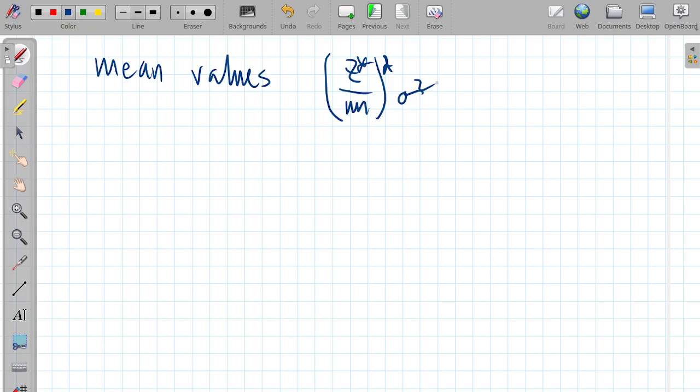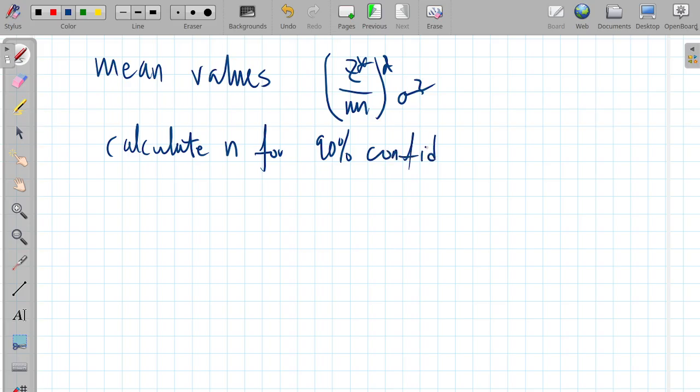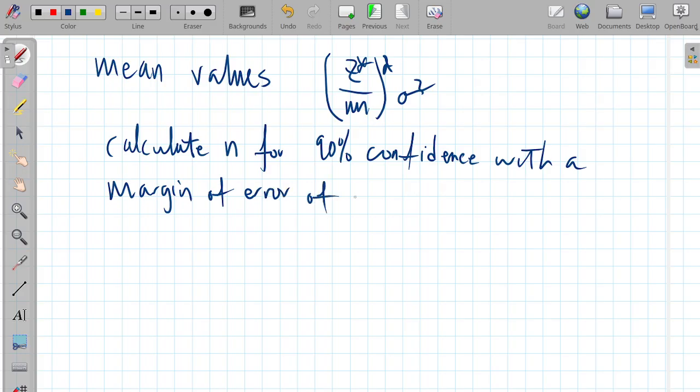So now let's say we want to calculate n for 90% confidence with a margin of error of, let's say we're working with kilograms, just for giggles, 0.5 kilograms, and sigma is equal to 1.5.